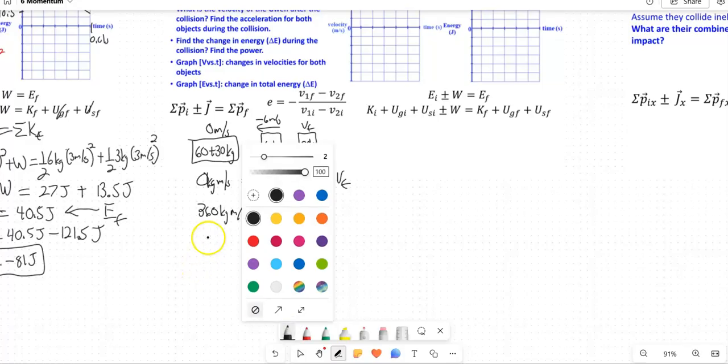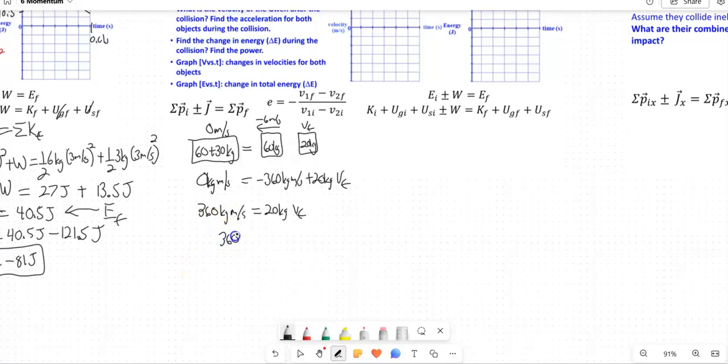So 360 kilogram meters per second divided by 20 kilograms is the final velocity. So the final velocity of that is going to be 18 meters per second, which is huge. Poor Gwen. I think that's close to 40 miles an hour. This is the reason why physicists should not design problems.